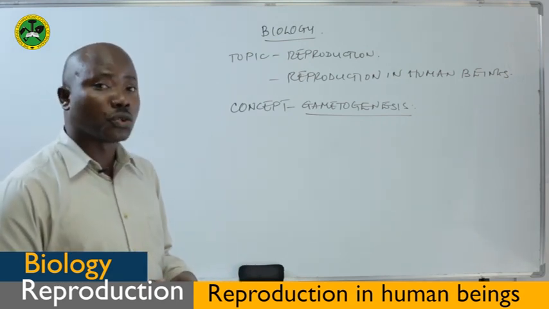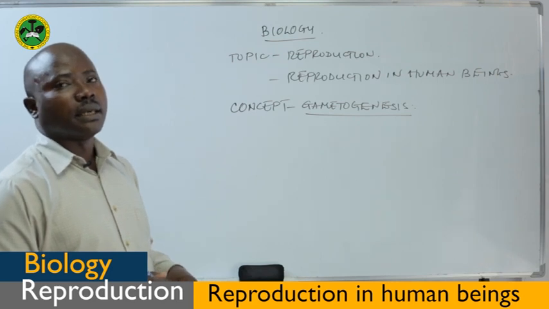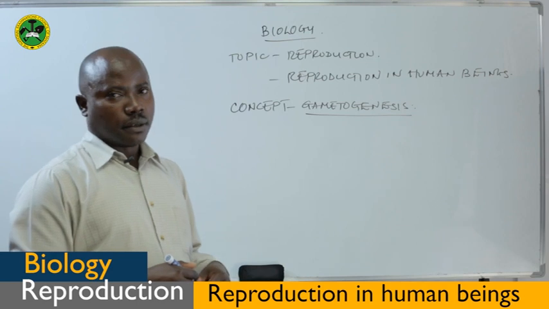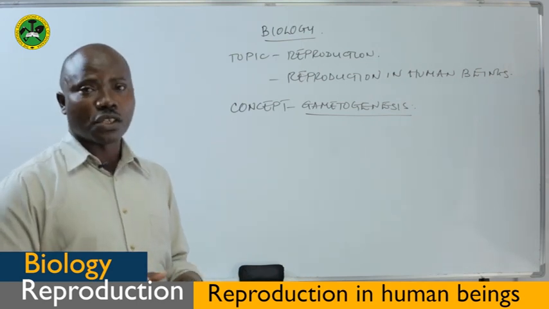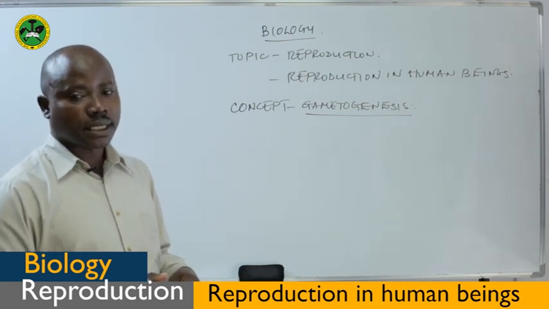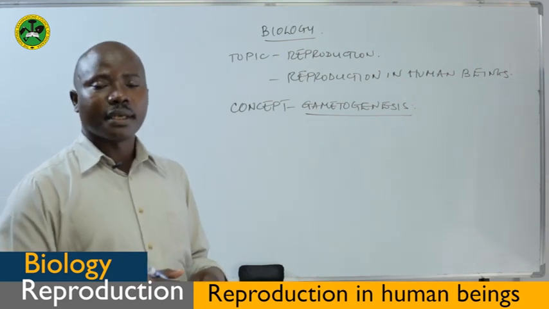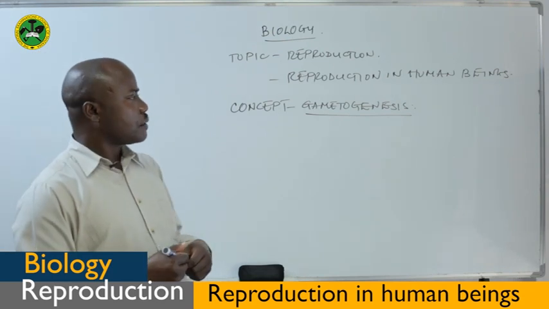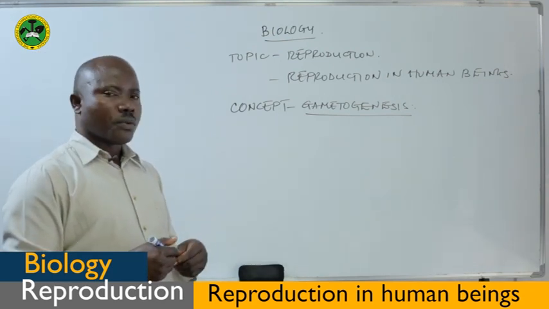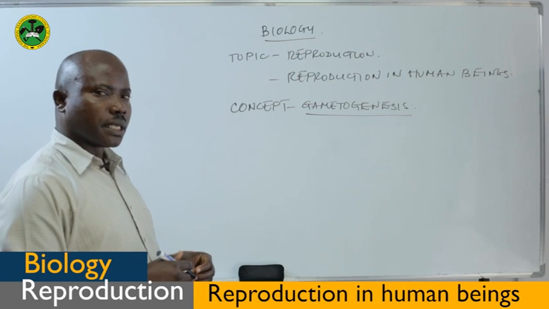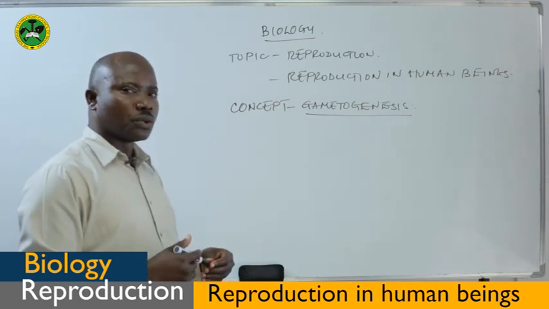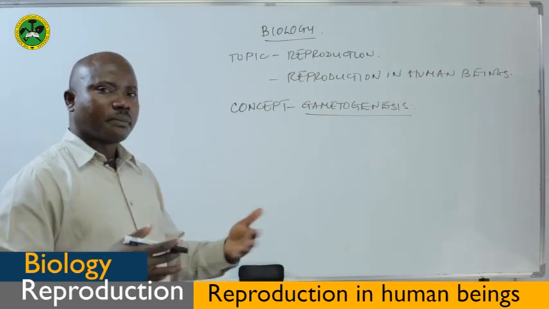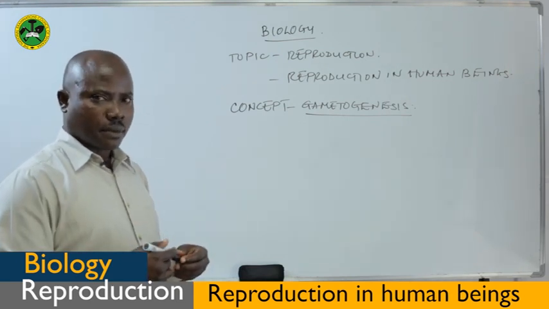However, there were two other functions: hormonal secretion and fertilization, leading to formation of the embryo and fetus, particularly in the female reproductive system. Therefore, here we are going to focus mainly on the events leading to gametogenesis and what comes after gametogenesis.